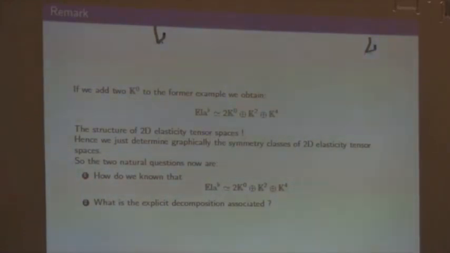Okay, and if you sum the dimensions, we got 2 scalars, one element in K2 that will give you 2 dimensions, and 1 element in K4 that gives you also 2 dimensions. So you will have a space of 6 dimensions, and that is the dimension of the space of elasticity tensor in 2 dimensions.